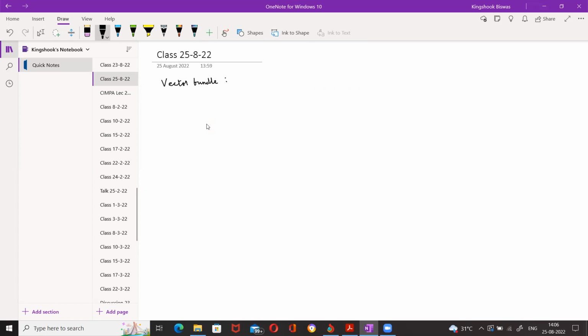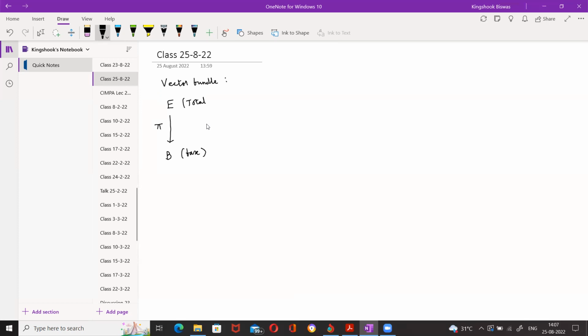So let me just briefly recall. A vector bundle over a smooth manifold is given by a smooth surjective map of manifolds, pi from E to B, where B is called the base and E is called the total space.